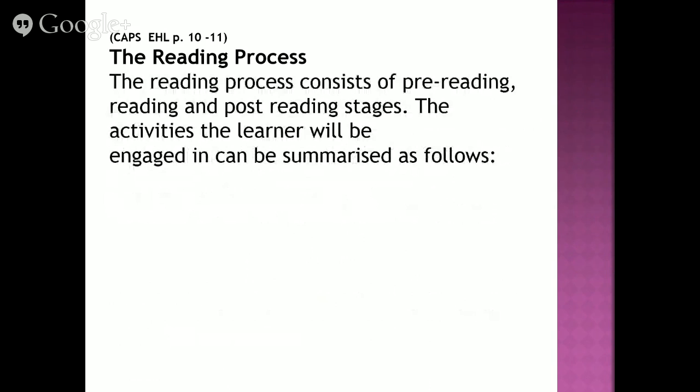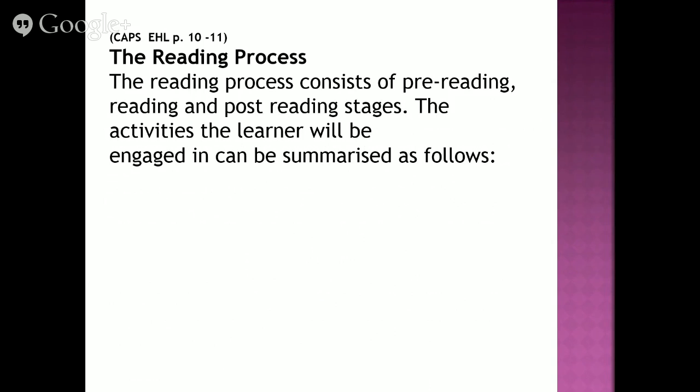On page 10 and 11 of your CAPS document, I've quoted this section verbatim from the CAPS document. It talks about the reading process. It's the CAPS English Home Language document that I'm referring to. It says that children at intermediate phase level need to engage in a reading process, which consists of pre-reading, reading, and post-reading stages.